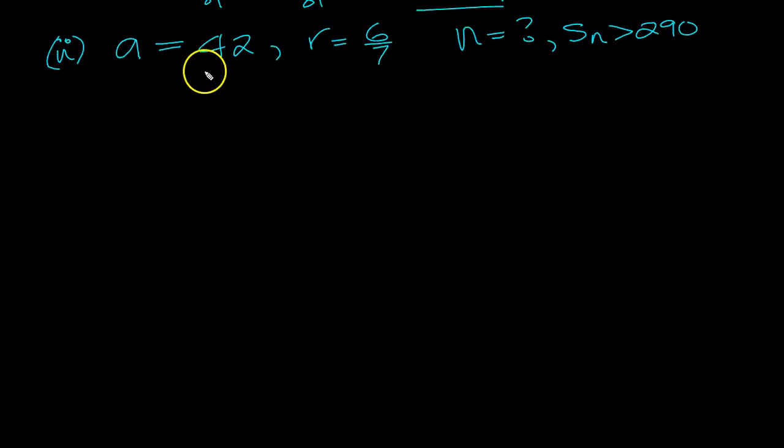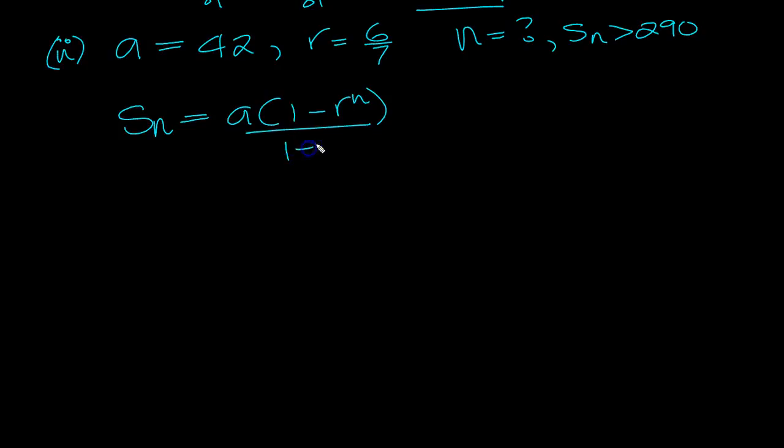Part 2 then. We've got a is 42, r is 6/7. What is the minimum number of terms? So the Sn. Okay. Sn is equal to a times 1 minus r to the n over 1 minus r.